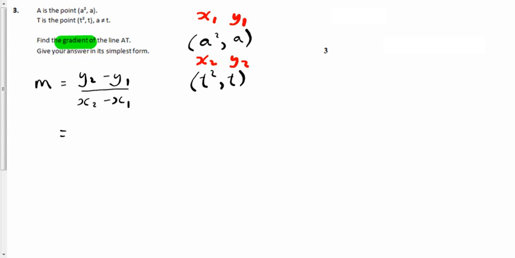So, y2 minus y1. Okay, so just taking my values from my coordinates over x2 minus x1. Now, I suppose the second keyword in this question, or the key phrase, is this idea of the simplest form.